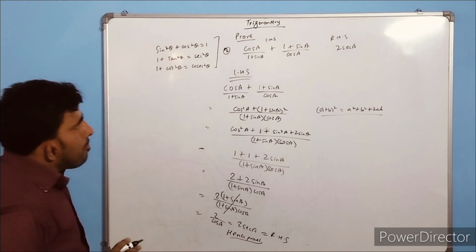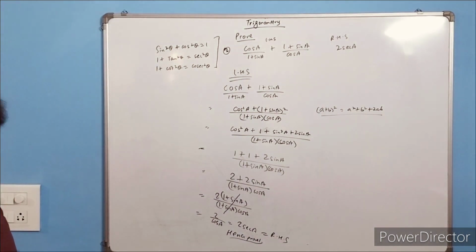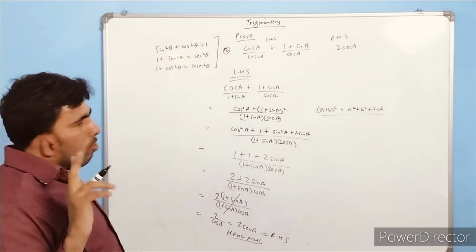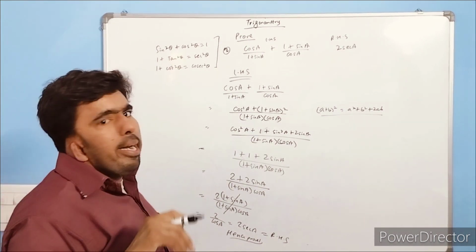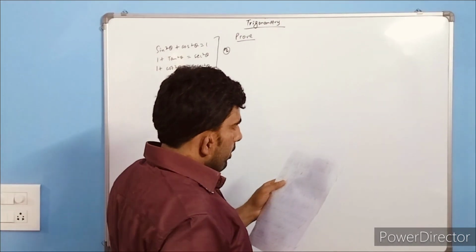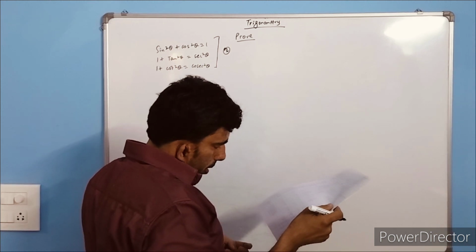Okay, this is how we are able to apply these identities. Okay, so we have done two numericals. Now let's go to the third one. So now here it is, the third numerical. We'll sort it out.